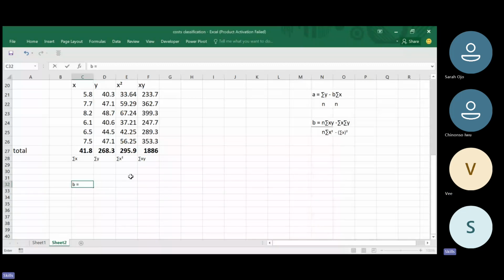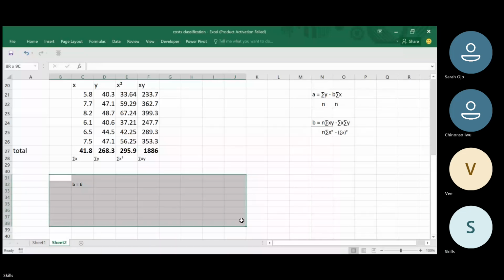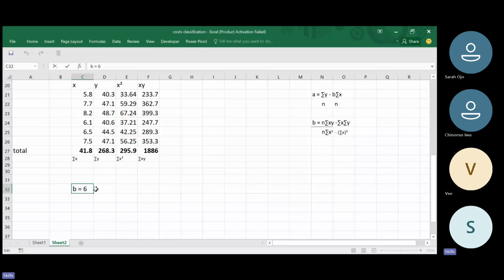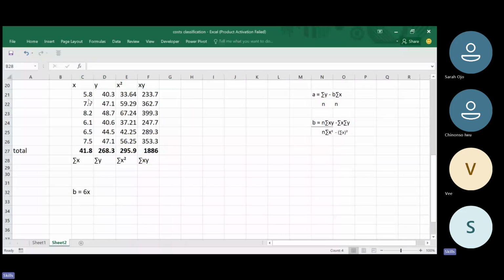We'll have 6. Good. So b is equal to 6, then summation xy. Can you identify summation xy? What is the value? 1886.